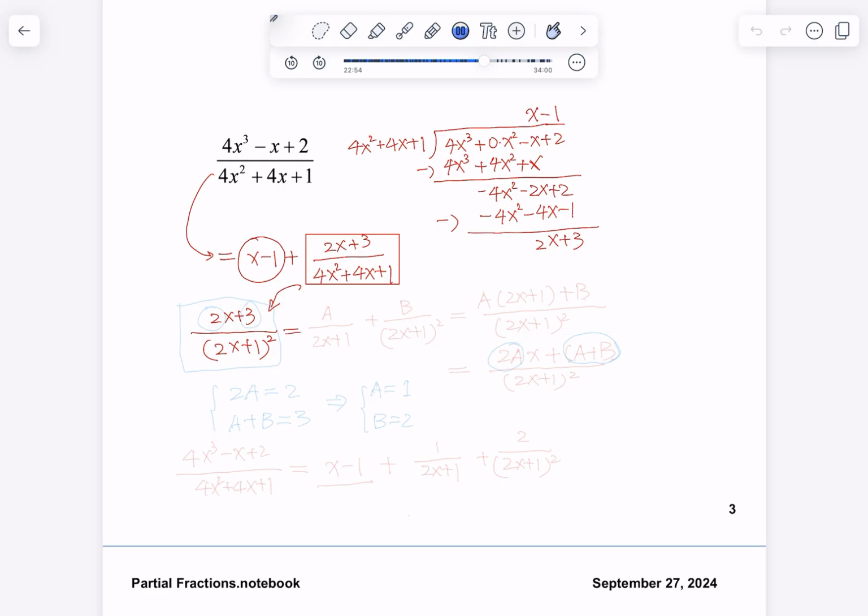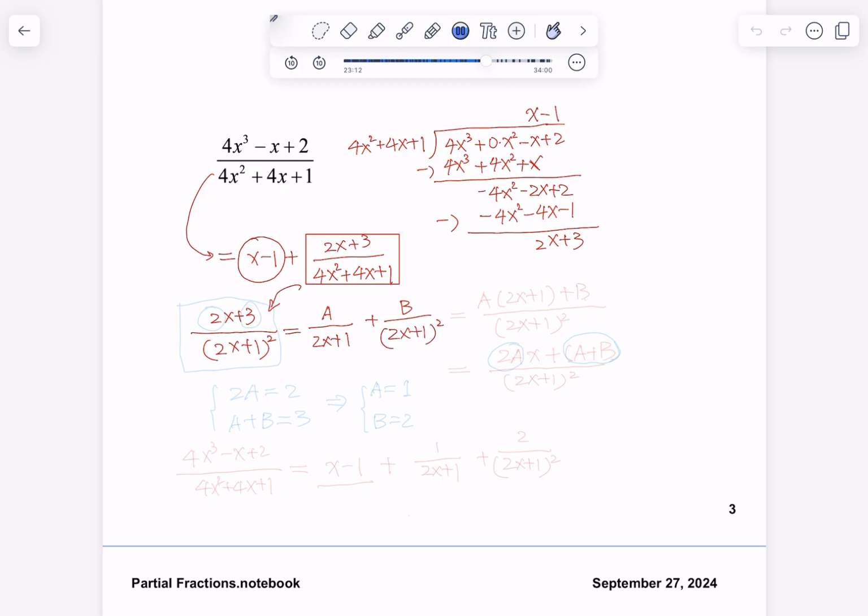We would like to decompose this rational function as a summation of a divided by 2x plus 1, plus b divided by 2x plus 1 squared.